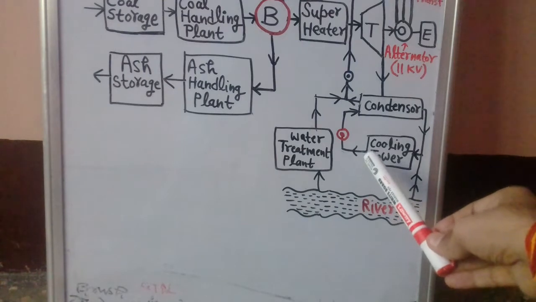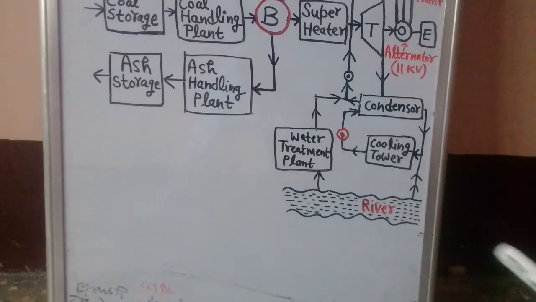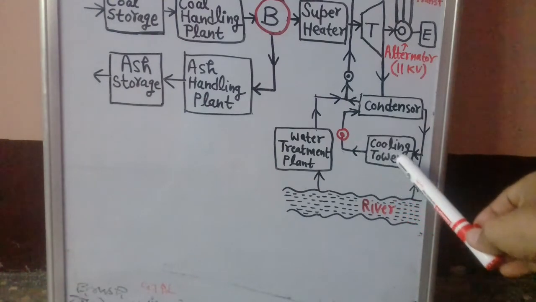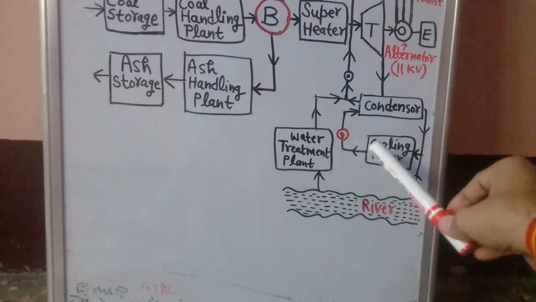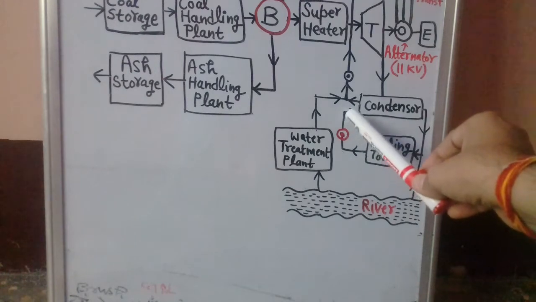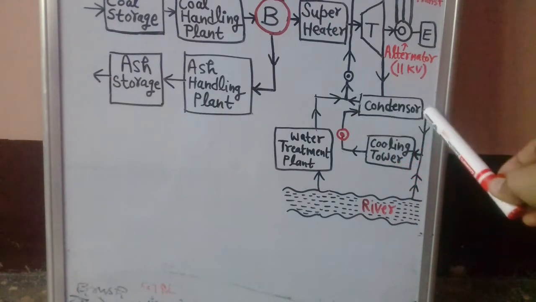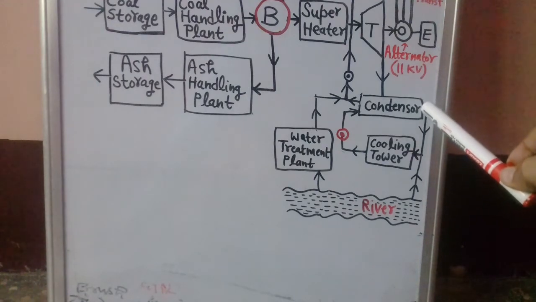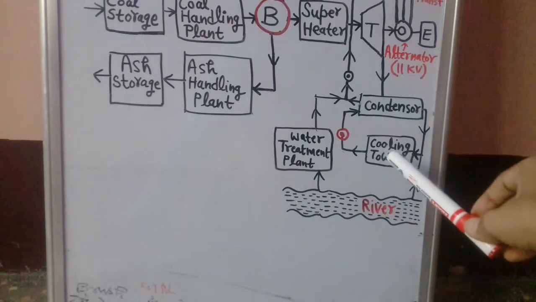Now suppose there is some steam that is still remaining, that is still not converted into water. Then again we will feed this unconverted steam into the condenser. Then the condenser will again condense this steam, that means again it will cool the steam, and again feed it to the cooling tower.